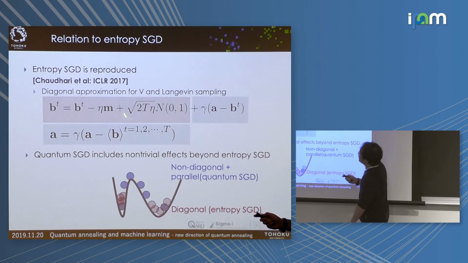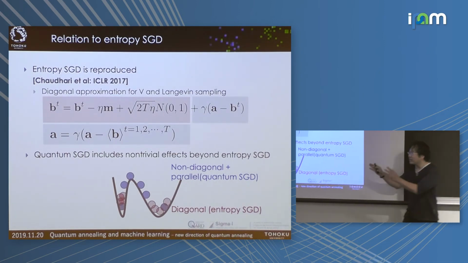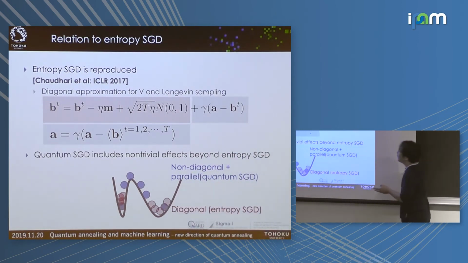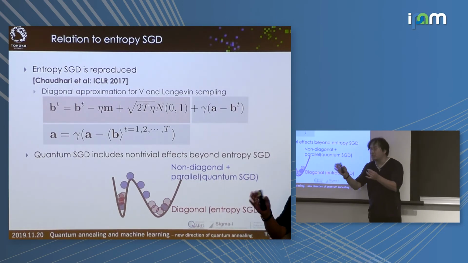Entropy stochastic gradient is reproduced by considering some approximation of the quantum stochastic gradient. Then the update rule is like this. Here the computational cost is extremely reduced, and we get some entropic effect, the effect from the fluctuation.